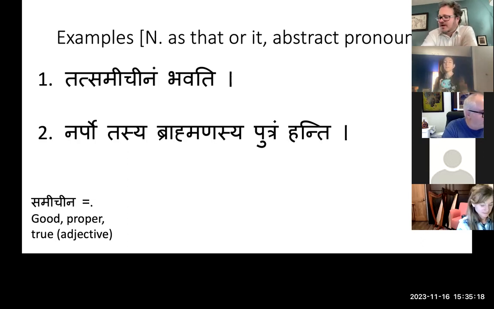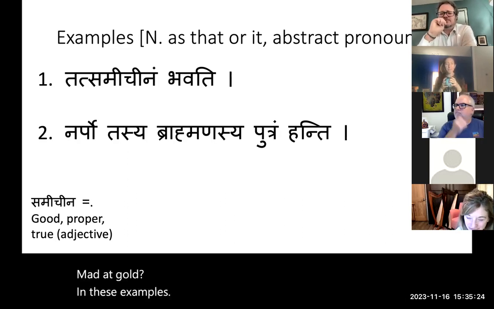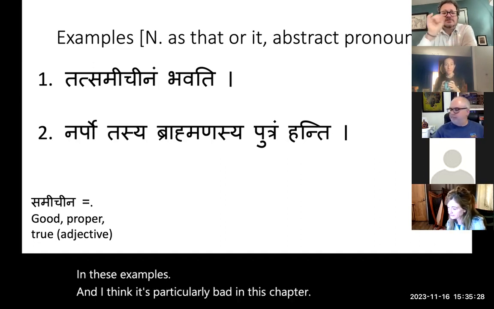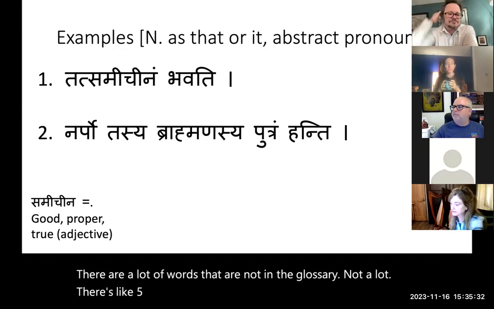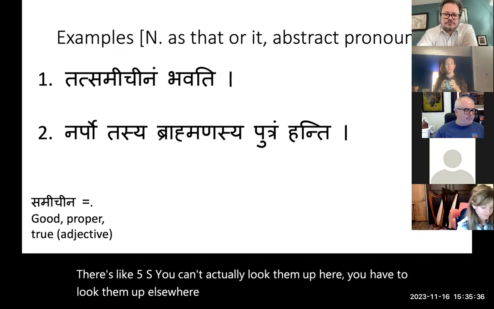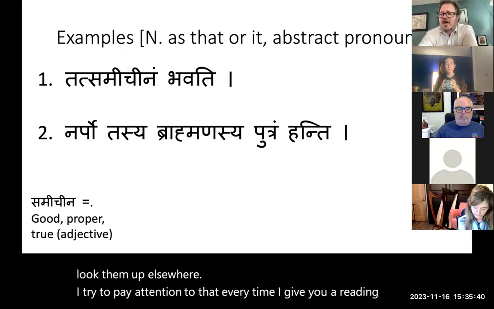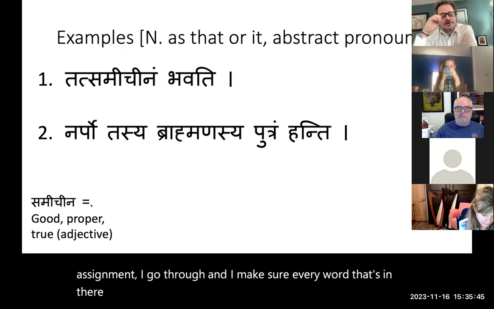Okay. I'm mad at Goldman. In these examples, and I think he's particularly bad in this chapter, there are a lot of words that are not in the glossary. Not a lot. There's like 5. So you can't actually look them up here. You have to look them up elsewhere. I try to pay attention to that every time I give you a reading assignment. I go through and I make sure every word that's in there is in the glossary.